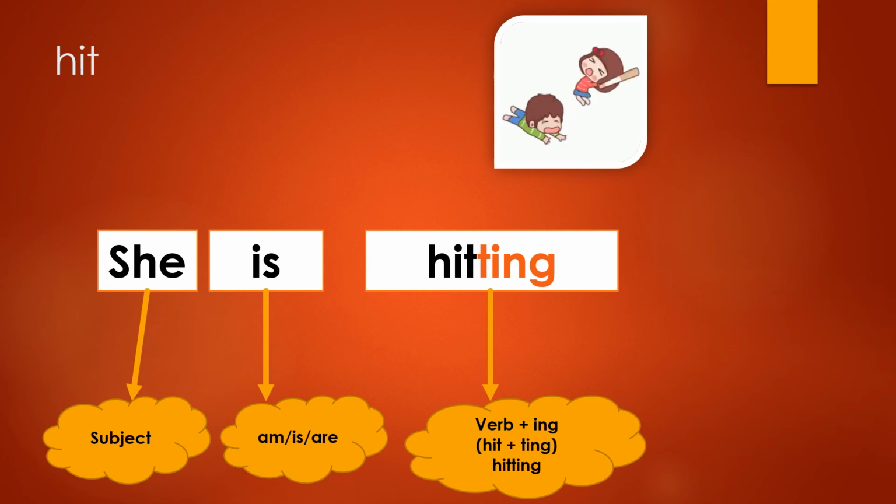Some verbs have spelling like this, so we cannot change it. You have to remember, if the verb is hit, we use double t, but we still have to add ing at the end. She is hitting, she's hitting.